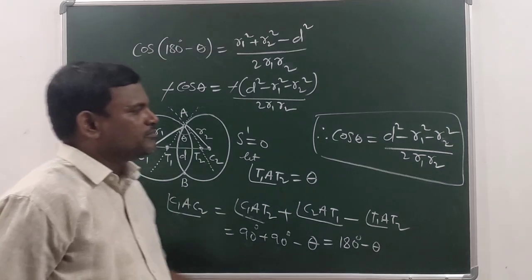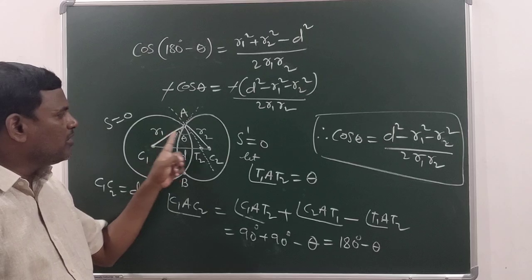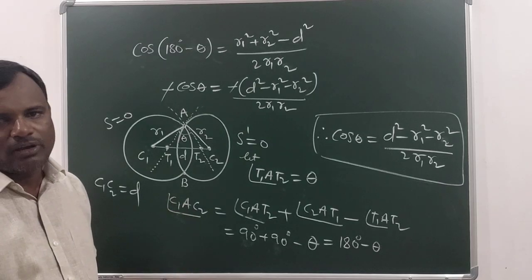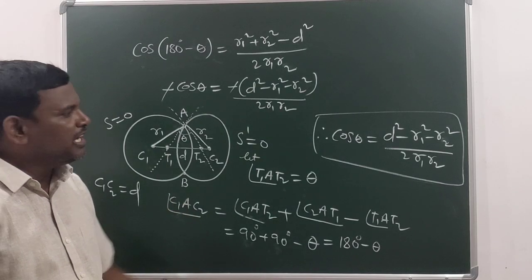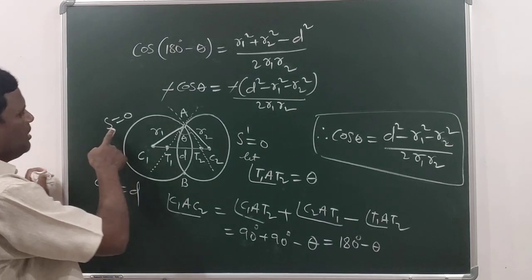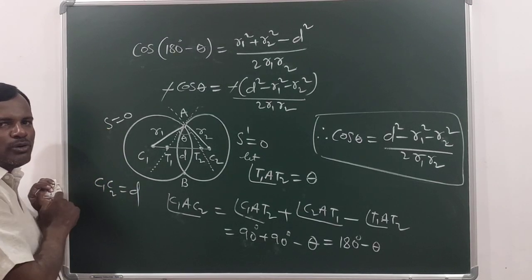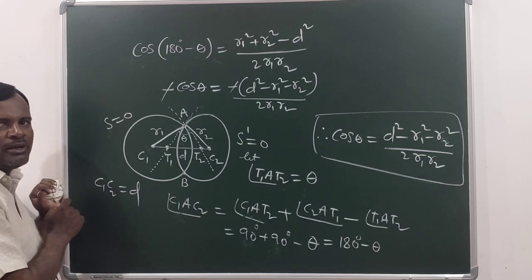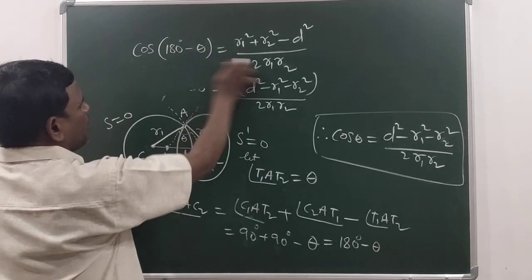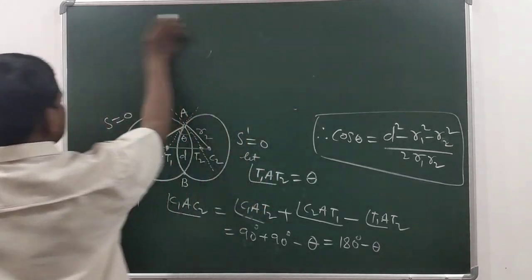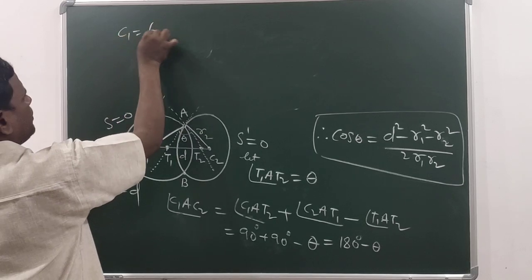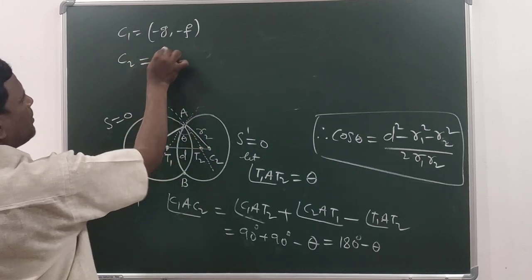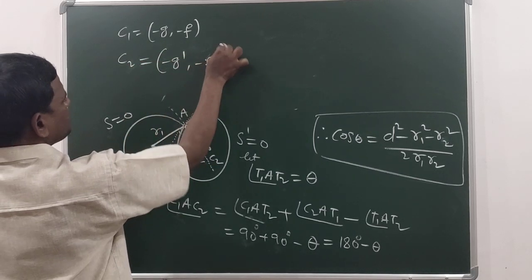So instead of preparing this d, r1, r2 and substituting over there, we have one more direct formula. Even that one we derive from this formula only. See, this is the first circle, s equal to 0, whose equation is x square plus y square plus 2gx plus 2fy plus c equal to 0. Now find its center, that is C1 in this figure. So you get minus g, minus f. Similarly find the center of the second circle, minus g dash, minus f dash.